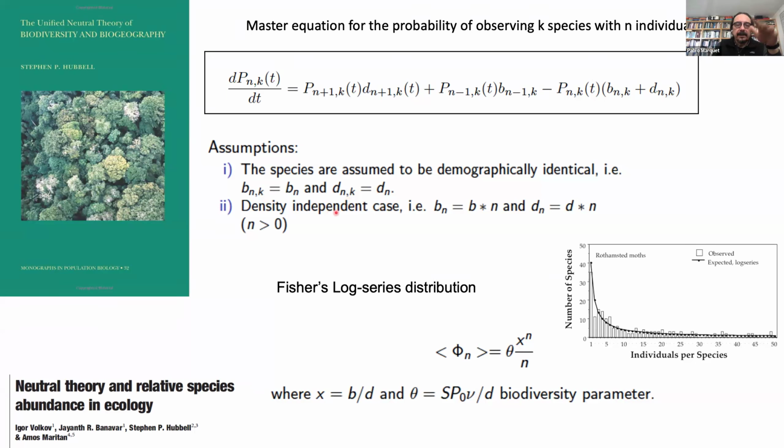And he assumed density independence and so on, and he recovered the log series. That was very interesting. So he found a way of doing this, and neutrality provided a strong support for something that Fisher had developed coming from a different perspective.